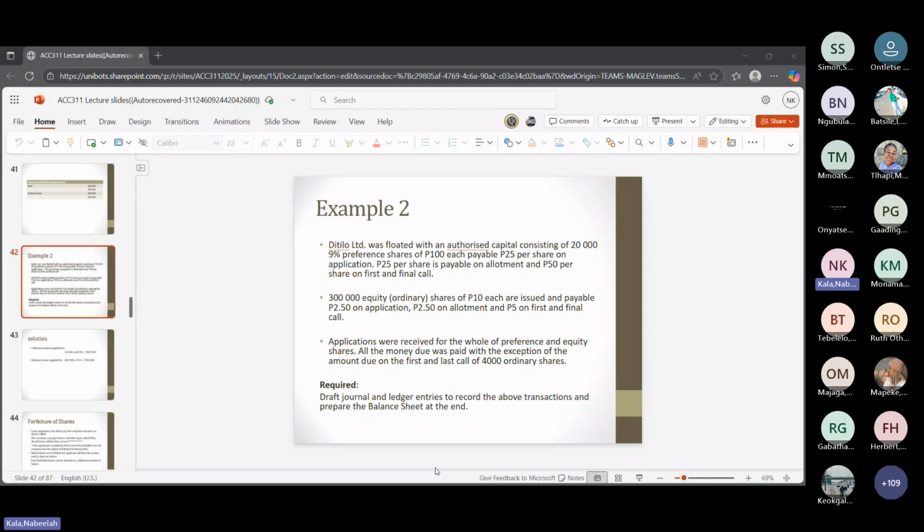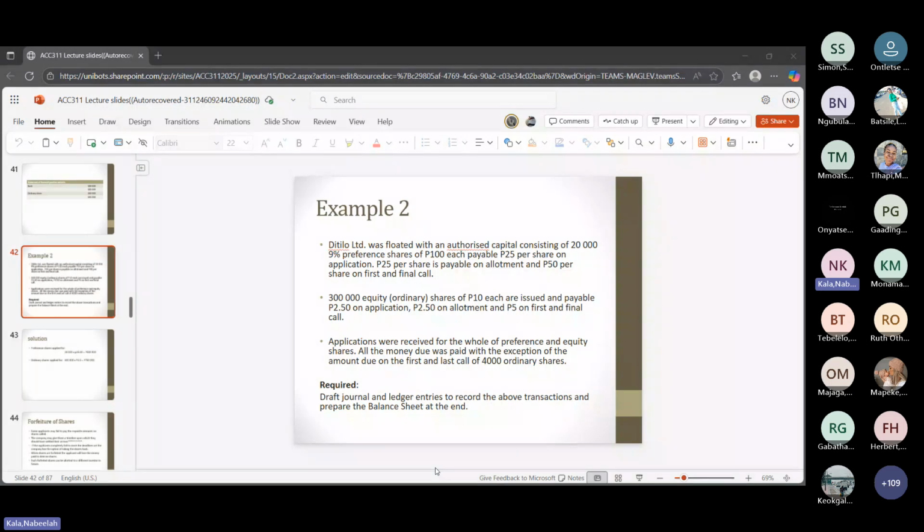We said once shares are issued to the public, the subscribers who are referred to as share applicants will apply, and upon application they have to pay a certain amount of money. So if that happens, we are going to debit bank because we are receiving money from share applicants, and we are going to credit share applicant account. So you debit bank and credit share applicant.